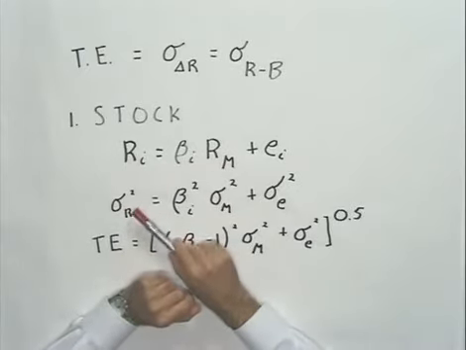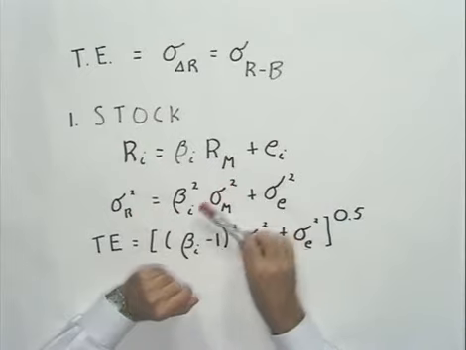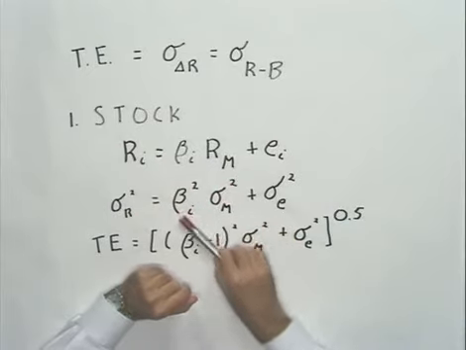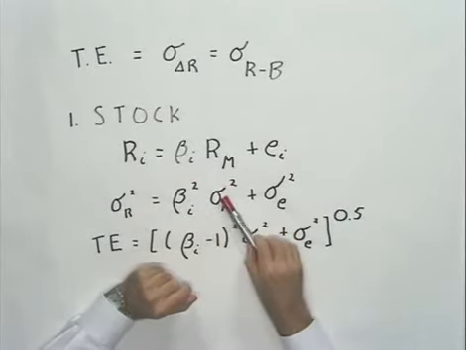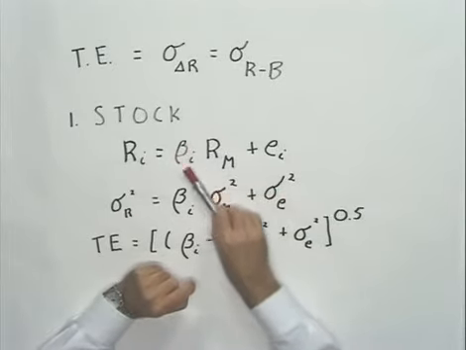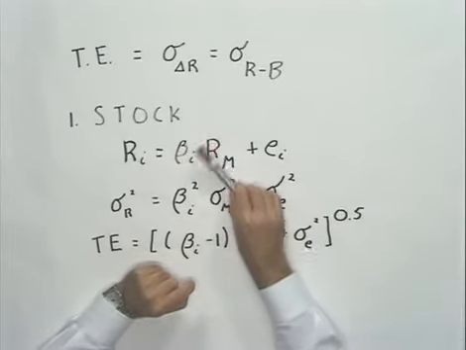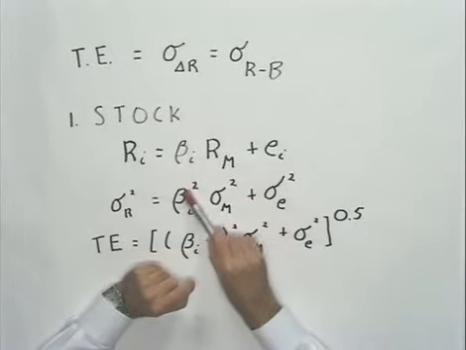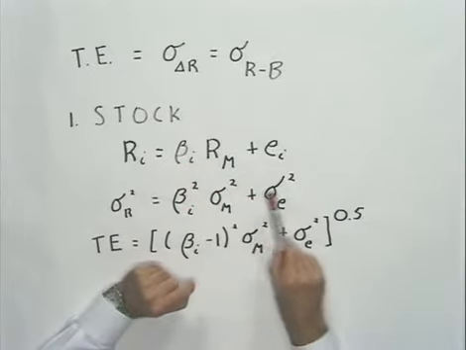So the variance of return is going to be the beta squared times the variance of the market. That comes from the systematic part of the return, so that's going to be the systematic part of risk.